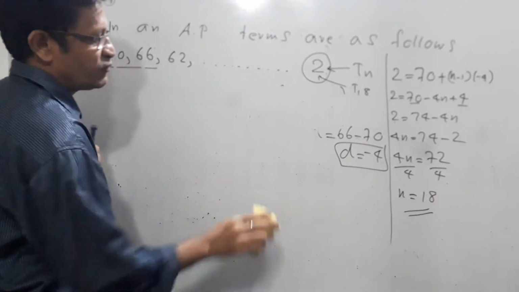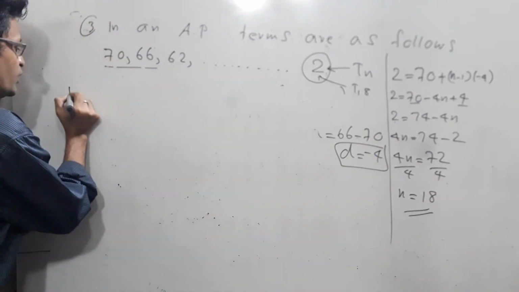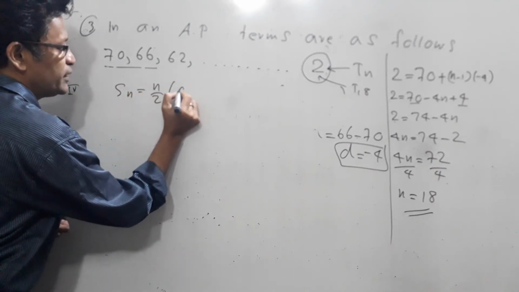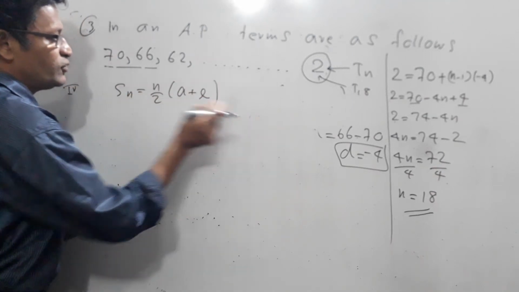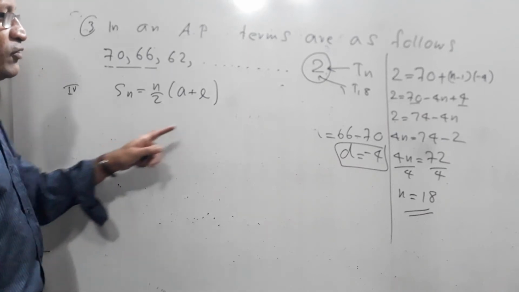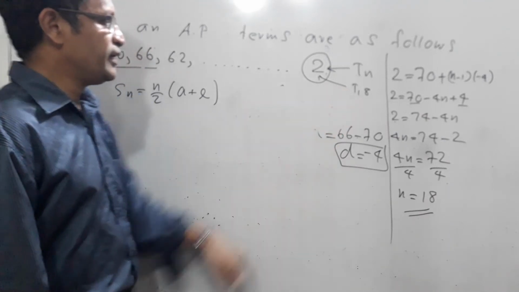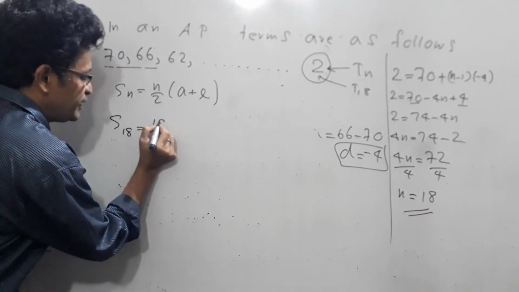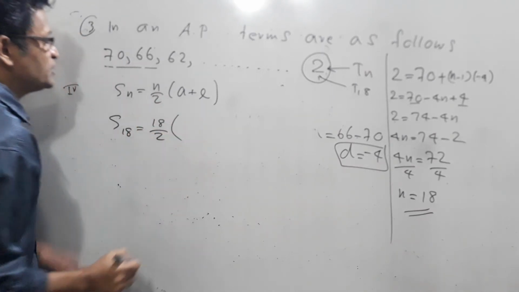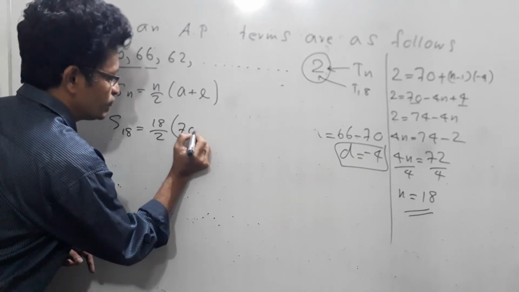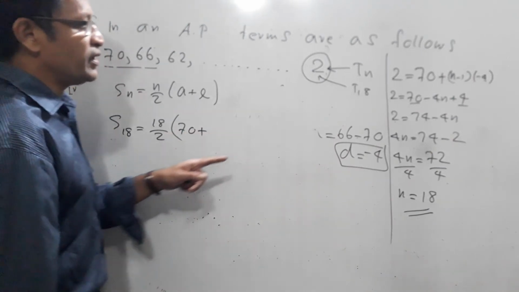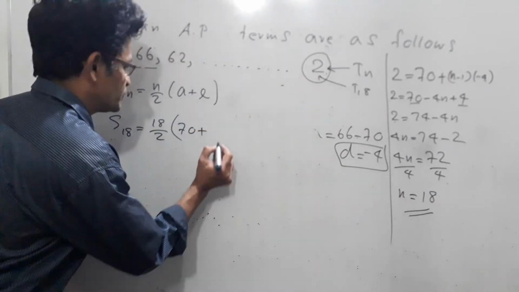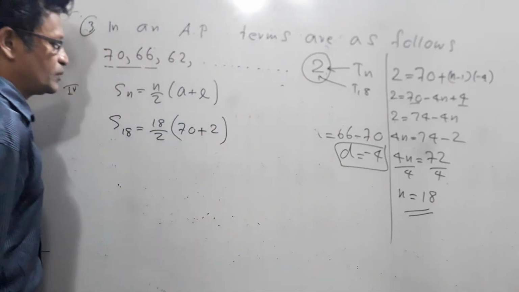Now I substitute that fourth one, Sn equal n over 2 into a plus l. I substitute the values for this formula. So n equal what? We know number of terms are what? 18. So S18, here 18 divided by 2. A means first term 70 plus last term L equal what now? L we found. That is, it is given 2. Clear?